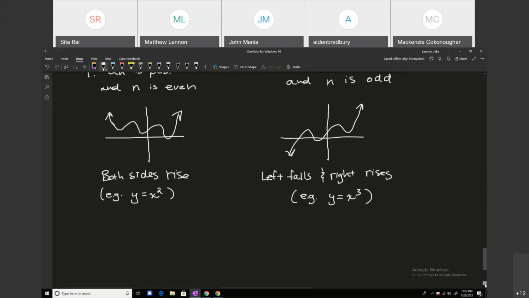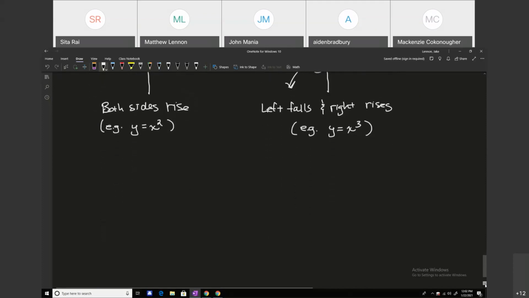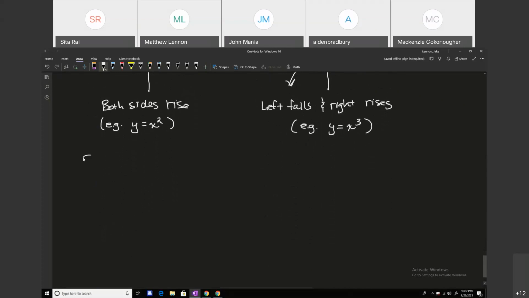So the third and fourth case are going to involve a sub n being negative. So let's say a sub n is negative and n is even.